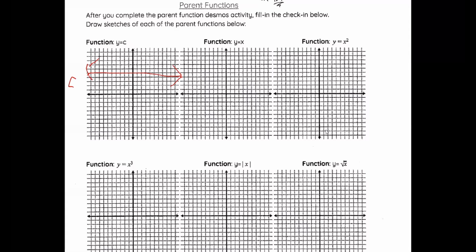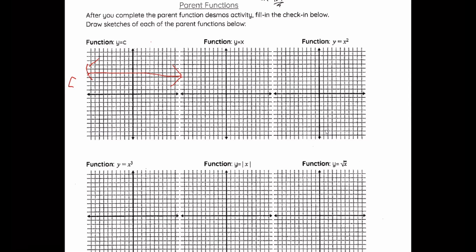Some things to note, your domain. I'm going to type this because I need to make sure I'm being neat, since I'm going to squeeze some stuff in here today. Let me move this. Where'd it go?